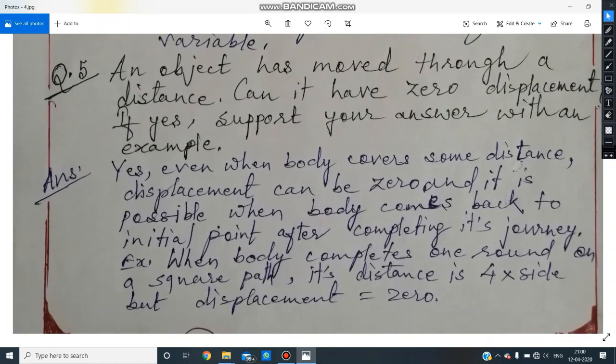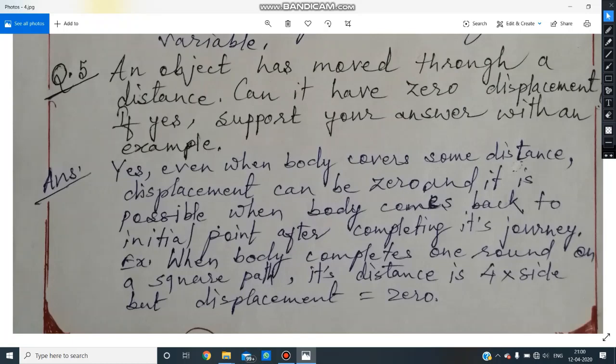Coming to the next question now, the query is, an object has moved through a distance. Can it have zero displacement? If yes, support your answer with an example. Now, even if a minor movement the body shows, the distance will be there.